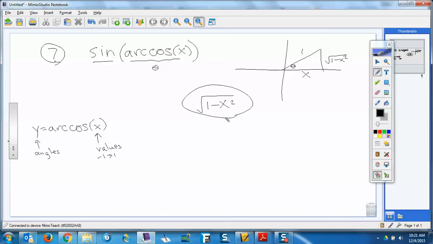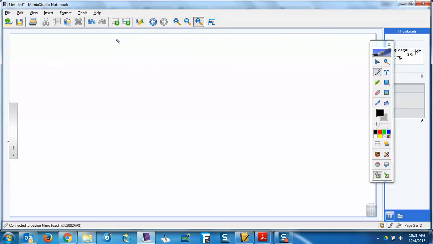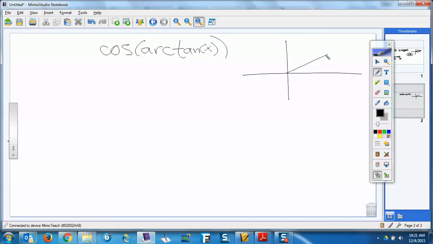Now, did we do number 8, or did we do odds there? It was number 9: cosine of arc tan of x. Again, we draw the angle whose tangent is x. Tangent is opposite over adjacent, so that's x over 1.